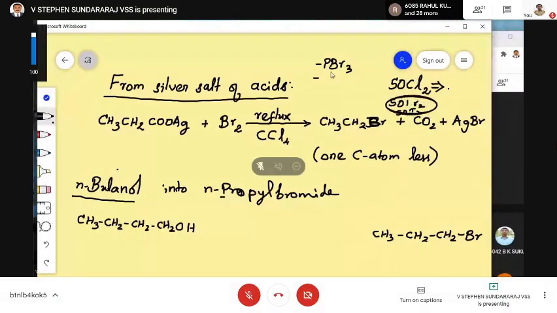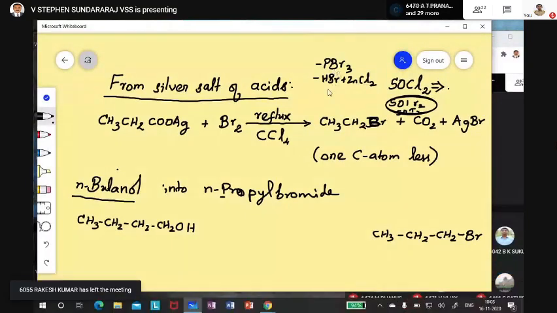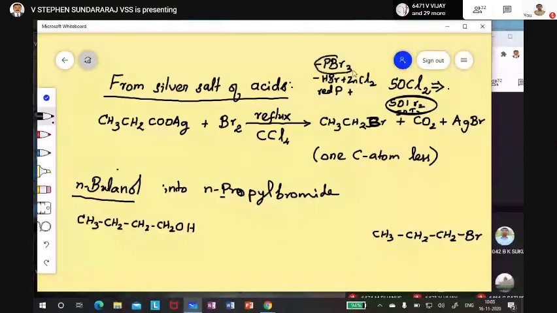And you also have HBr plus zinc chloride. These combinations are there. Even red phosphorus with Br2, which we produce on the spot.